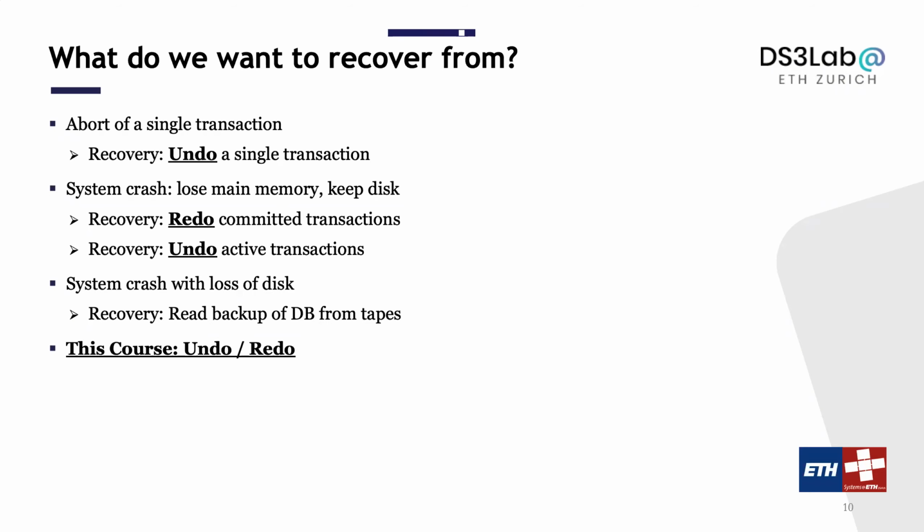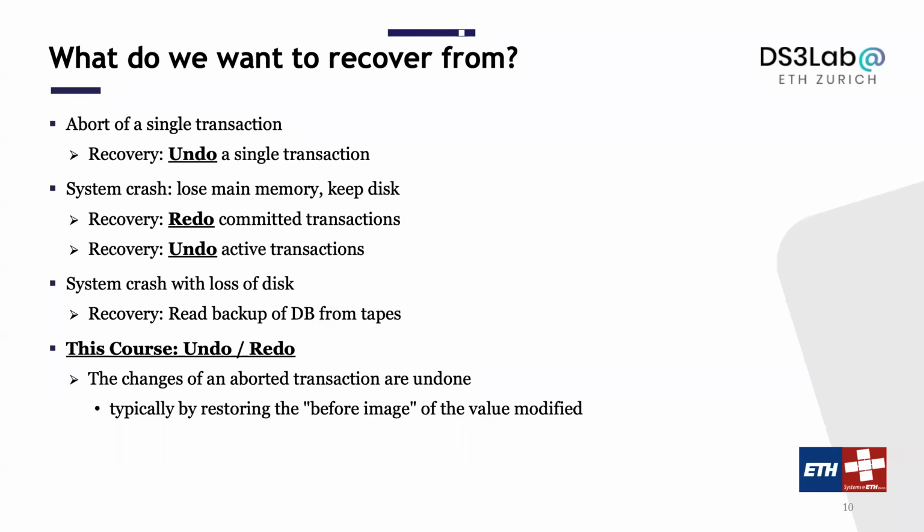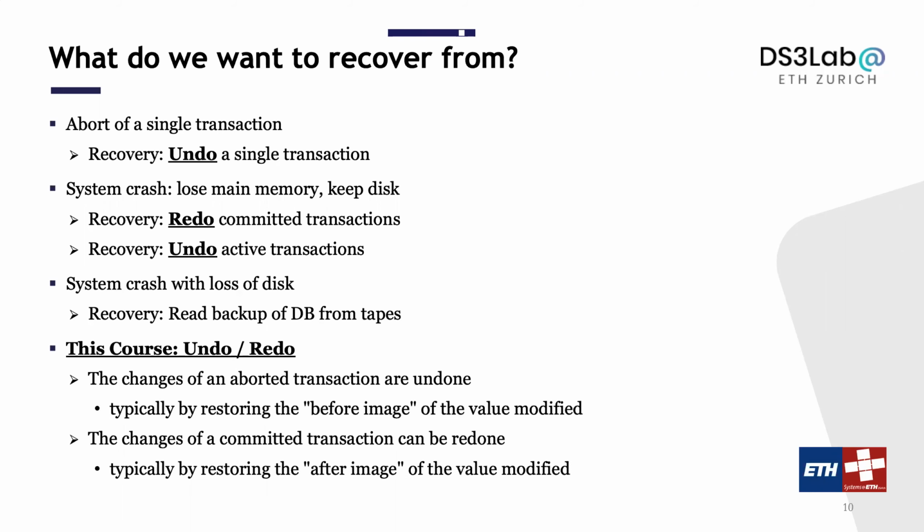In this course, we are going to look at undo and redo. We want to make sure that if you abort a transaction, I know how to undo all the changes, typically by restoring the database to the before image of the values. And I want to make sure I know how to redo the changes of a committed transaction if they haven't been reflected on my hard drive, typically by restoring the after image of all the values.